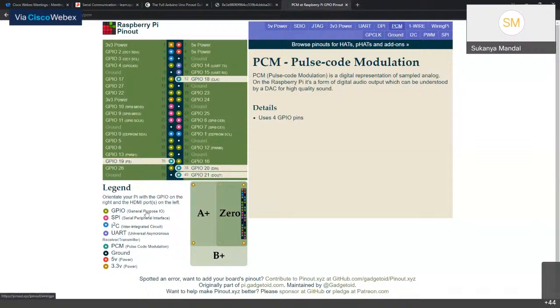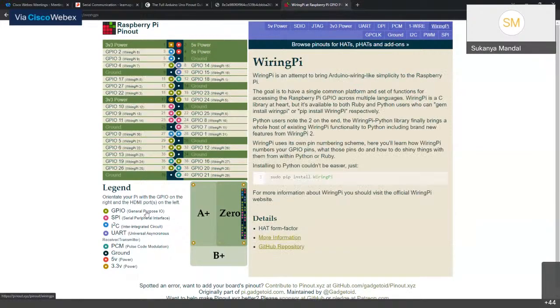Now, all of these are general purpose input output pins, which means that with the help of the wiringPi module, you can code your Raspberry Pi to act on anything.